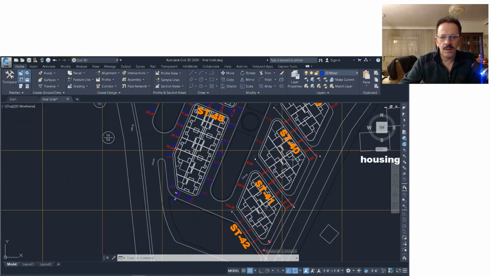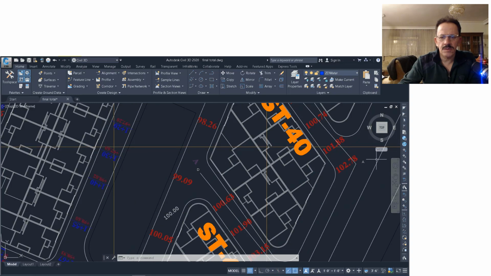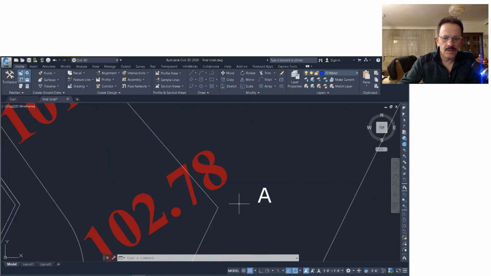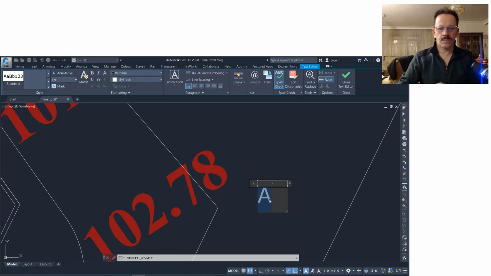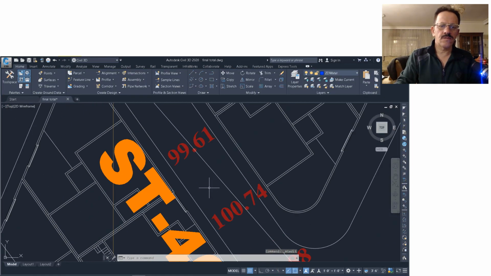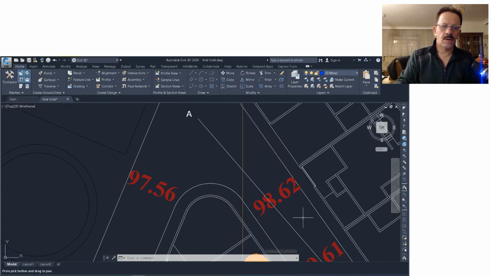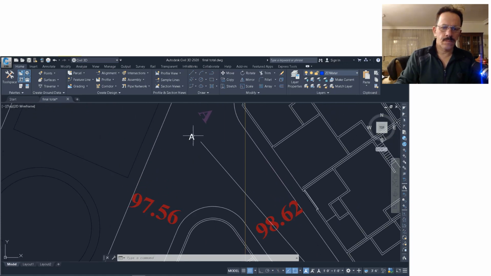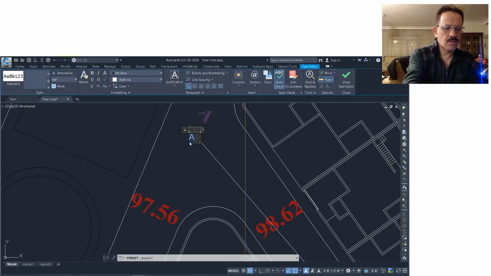And so on. So A, B, C, D, E, F. This also becomes E, and the last thing that I have, F.